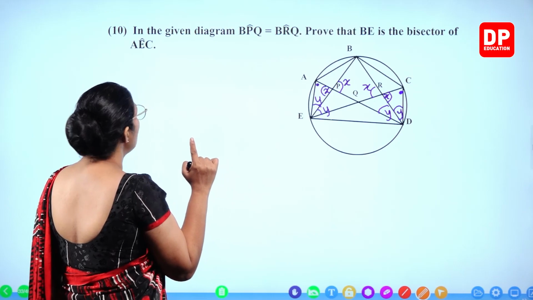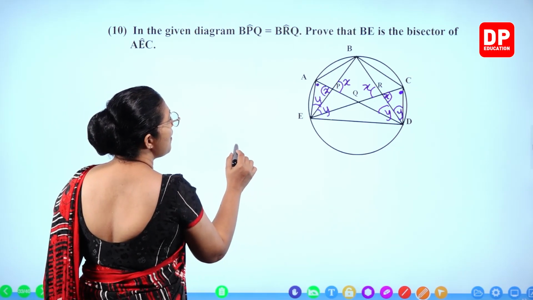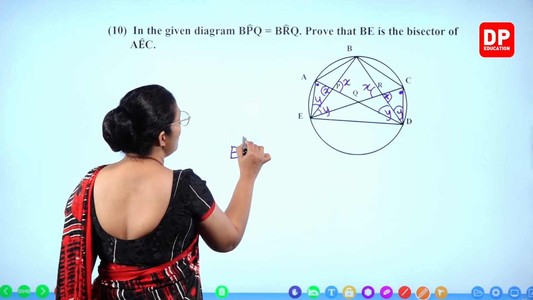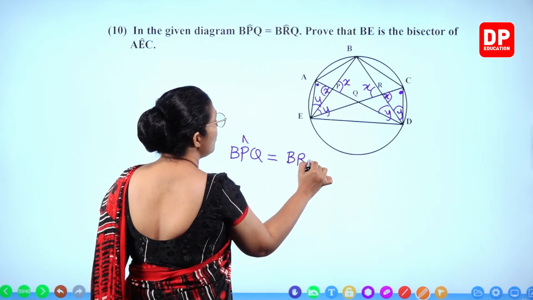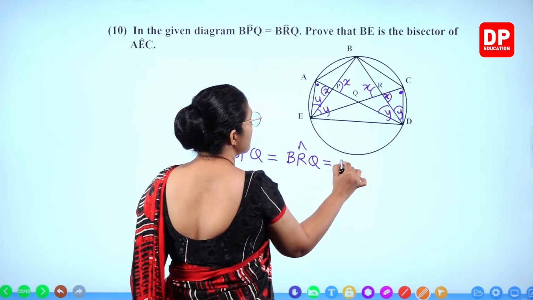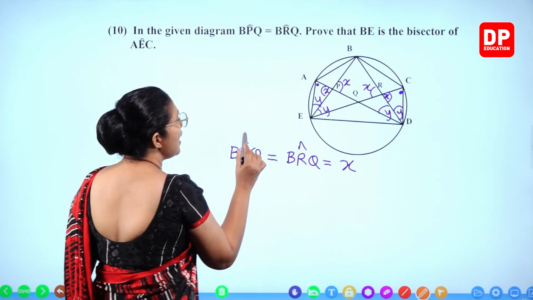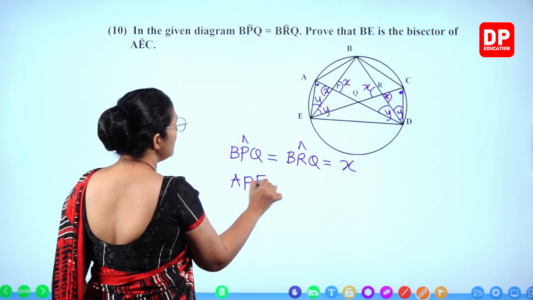So we have to write everything. So what is the first thing we can write? We can write BPQ, and we have been given BRQ. Both are the same. That's X. So we can write APE angle.